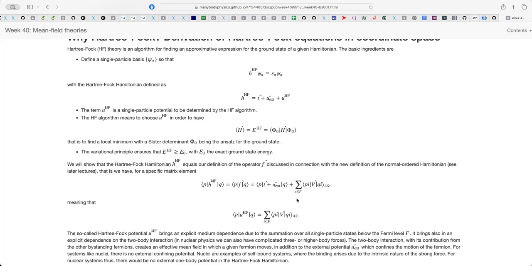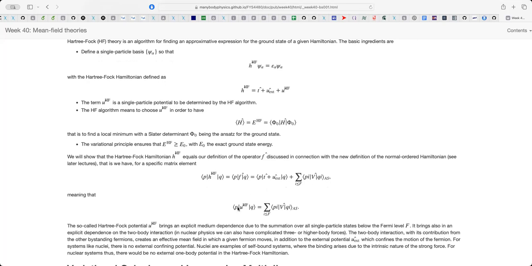We call this a mean field theory because the motion of a particle, which previously was only affected by the external potential, is now influenced by the medium effect, because now we are summing over all the other particles in the system. That corrects the motion of a given particle. And this term is now defined like this. Hopefully, this is going to give us a better variational minimum.